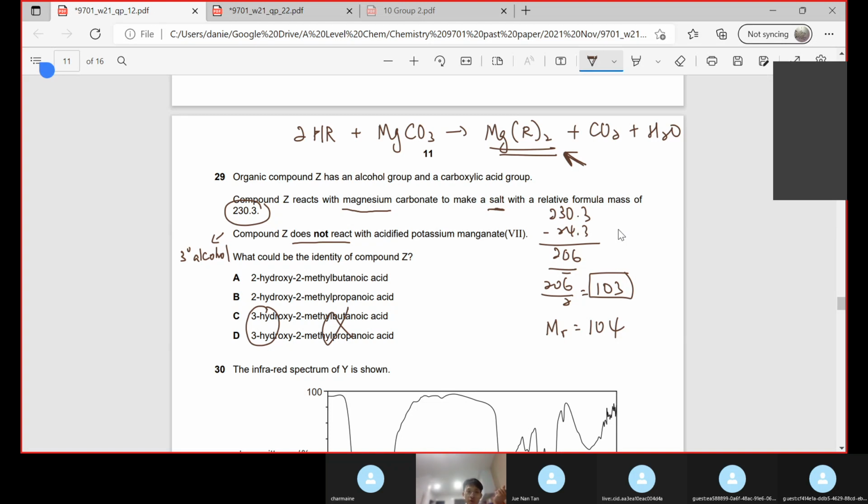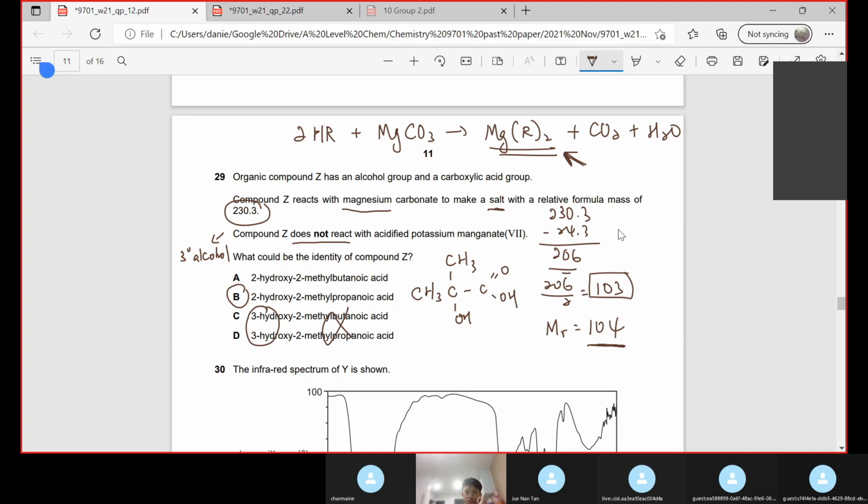Then another thing that you need to find out is this 104. So you can go and calculate. The answer is B actually. Then let us draw it out. So we will have CH3, CH3, OH, then COOH.